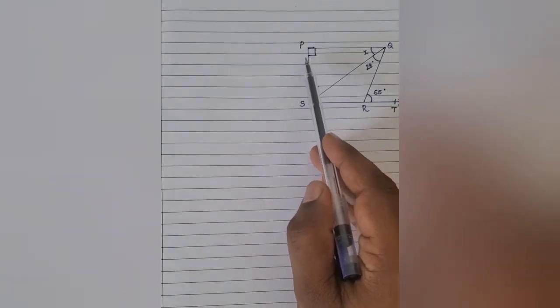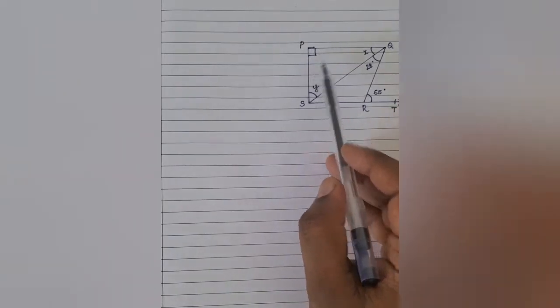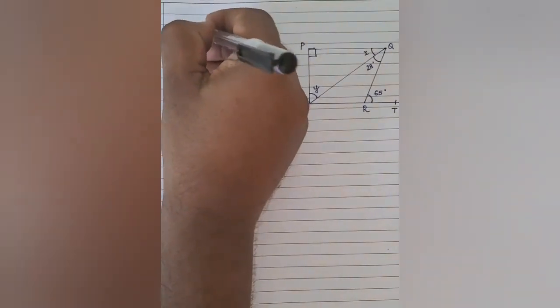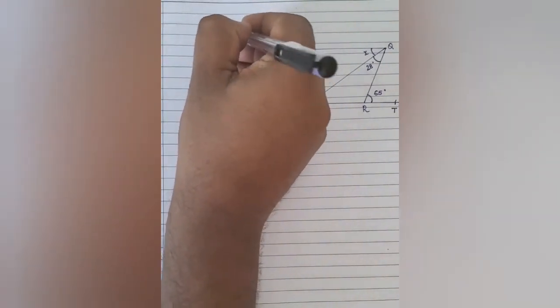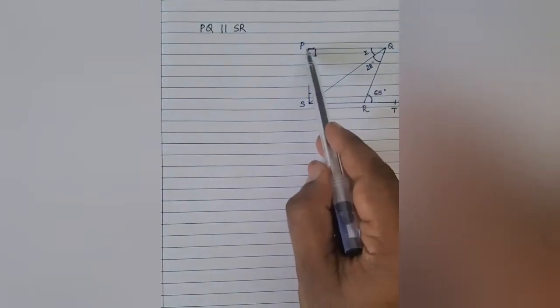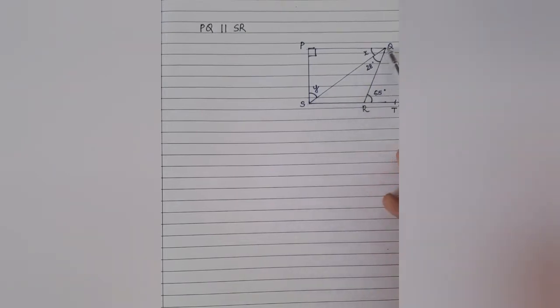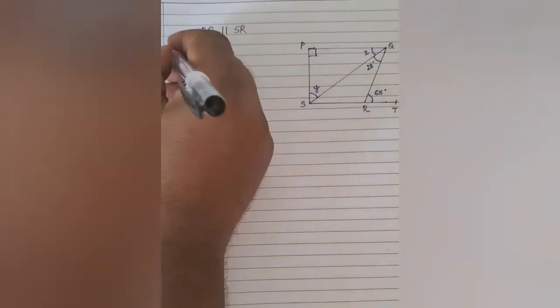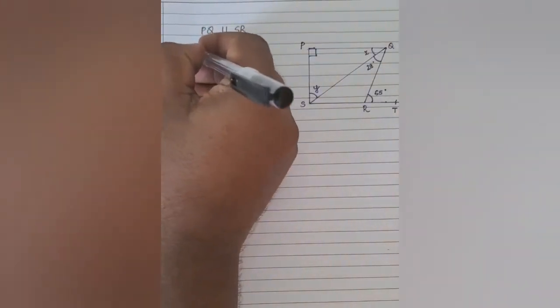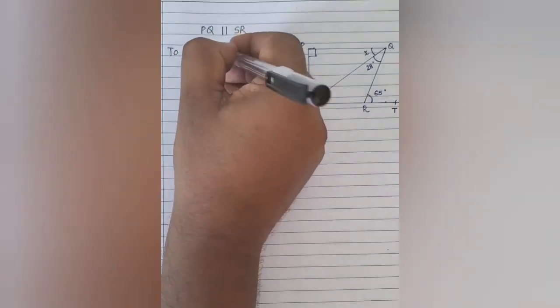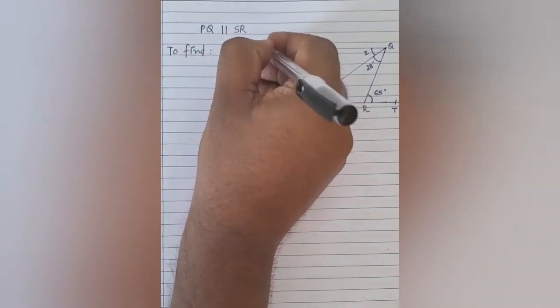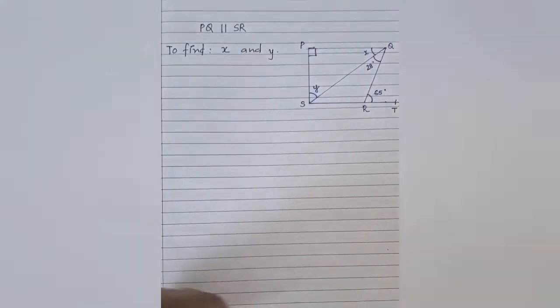Apart from that, an important thing given in the question is that PQ is parallel to SR. So what does that help us with? I can take SQ as a transversal, and even QR as a transversal. We have been asked to find the value of x and the value of y.